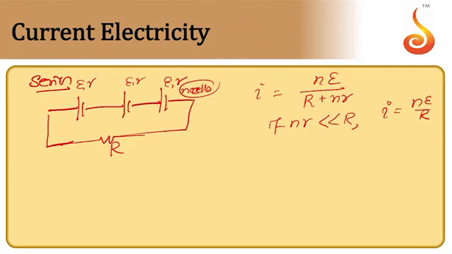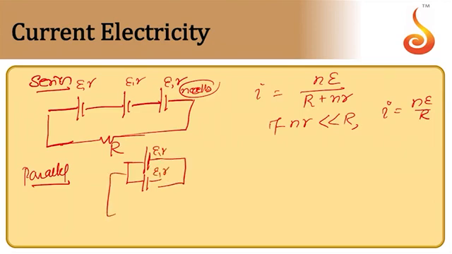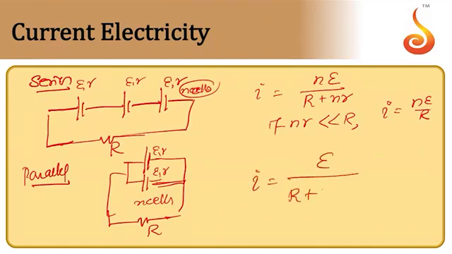You can also notice that if the combination is in parallel, the situation is different. For example, let us consider this arrangement E, R, etc. There are n such cells and an external resistor R is connected. And in this case, the current is given by E divided by R plus R divided by N. Or I can use a different symbol here.